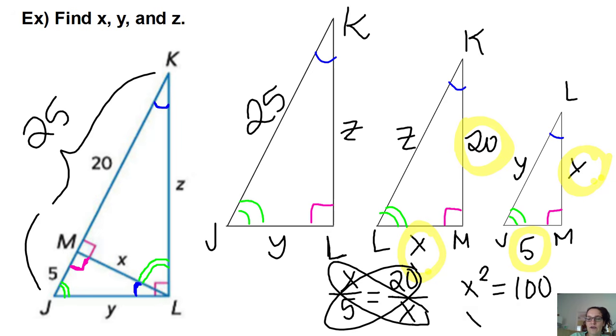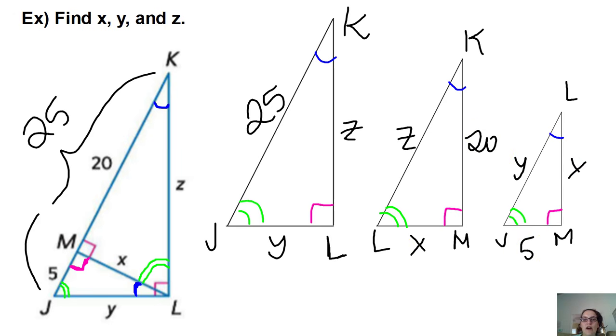Now I can take the square root, and normally this would be plus or minus the square root of 100, because whenever you take the square root of a number, it's always the positive and the negative. Except in this instance, we know it can only be positive because x represents the side length of this triangle, and we can't have a negative side length. So I can ignore the negative 10. So x is the square root of 100, which is 10. So x equals 10.